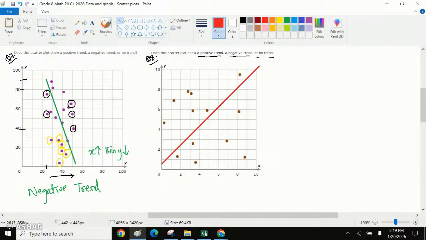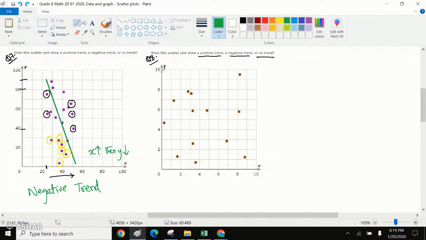It passes through or is closest to the maximum number of points on either side. But in this case, they are not very close. The points that are further away are very far from this line. So we cannot say that this would be a positive trend. Let's see the next one.